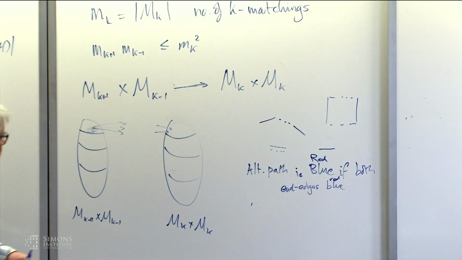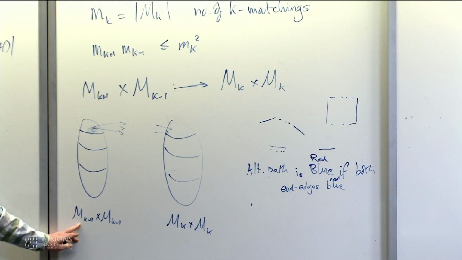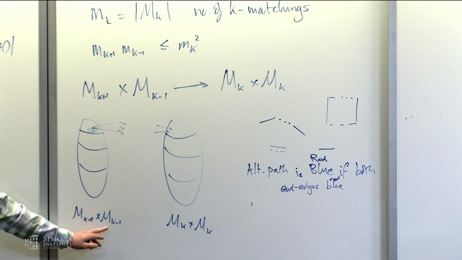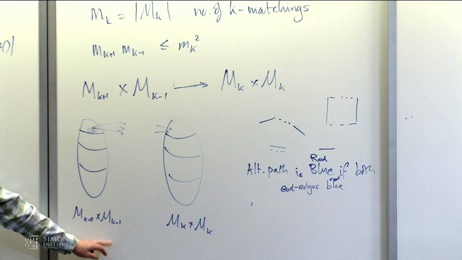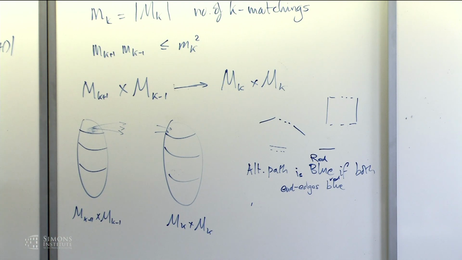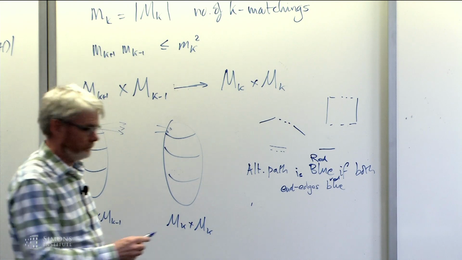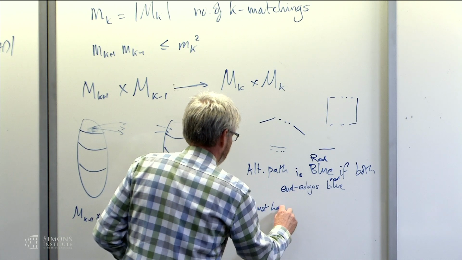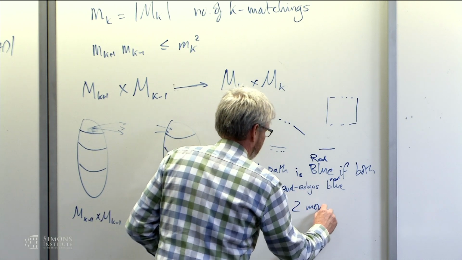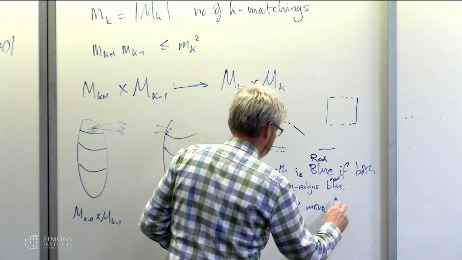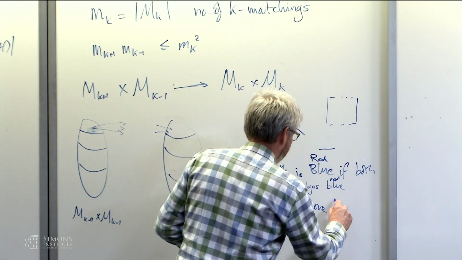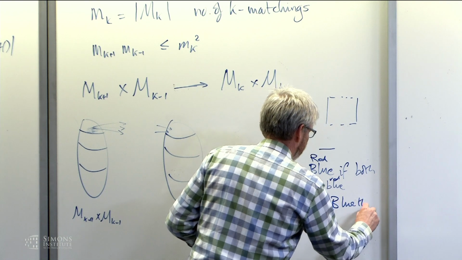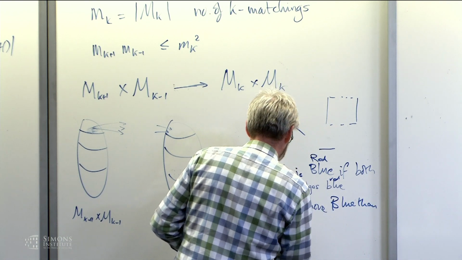So if the blue matching is a k+1 matching and the red matching is a k-1 matching, we must have two more red paths than blue paths. Sorry, which way round did I say? Let me say two more blue than red. It really doesn't matter. Two more blue than red.